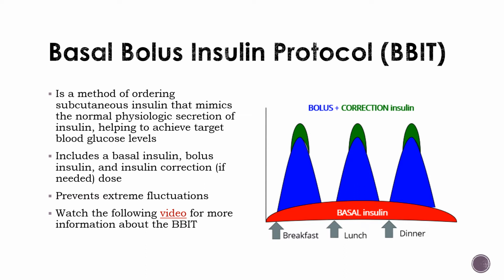Then bolus insulin and correction dose are generally rapid or short-acting insulins. So please stop this presentation here and go and watch the BBIT video that is posted under the week 6 material in your e-class.